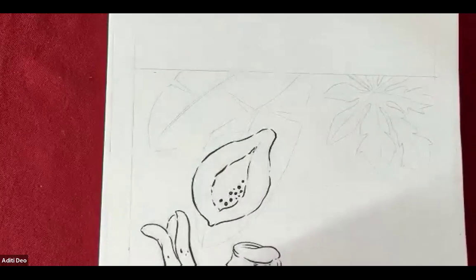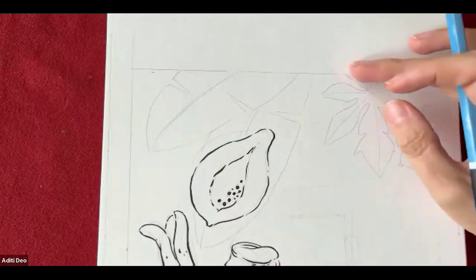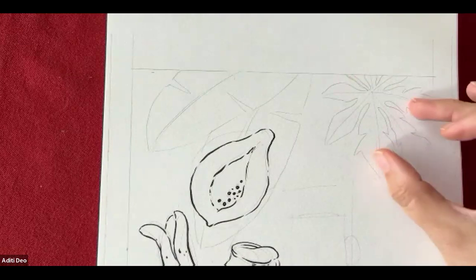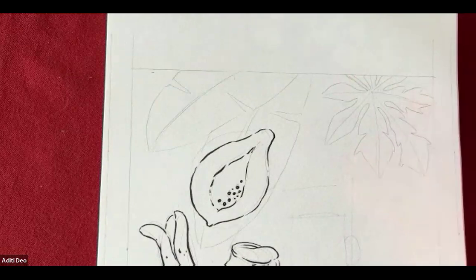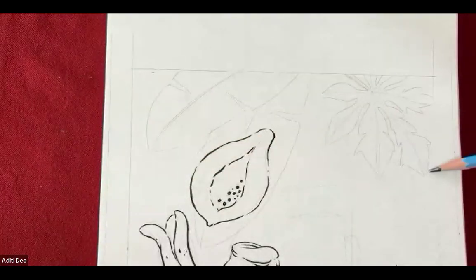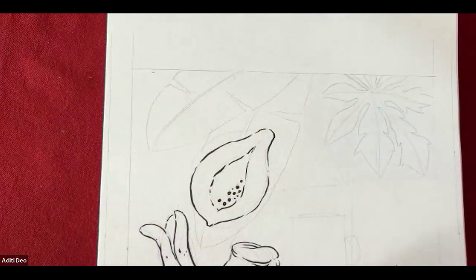Okay, so first, I made these lines first. I wanted first the direction of where the central leaf would go, right. And then I made these two on the sides, which would be the next big parts of the leaf. Then two which go almost at 90 degrees to the main stalk, then two extra on the sides like that.